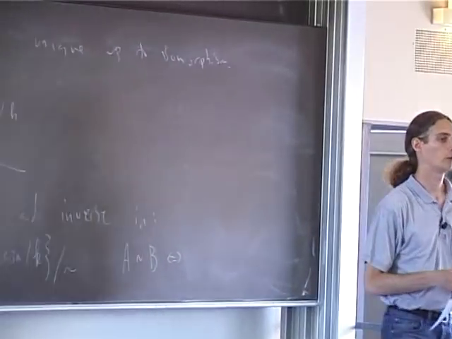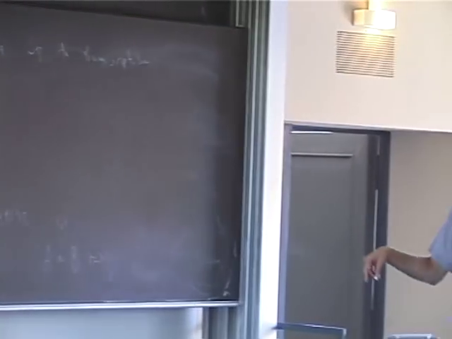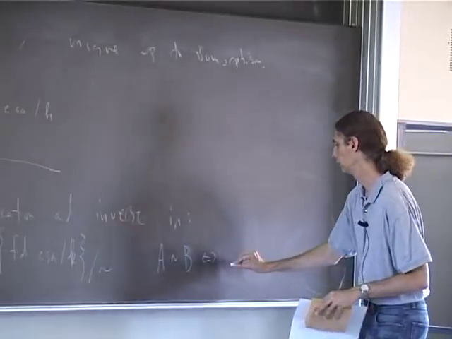Two algebras are Brauer equivalent if they're equal up to taking matrix algebras.